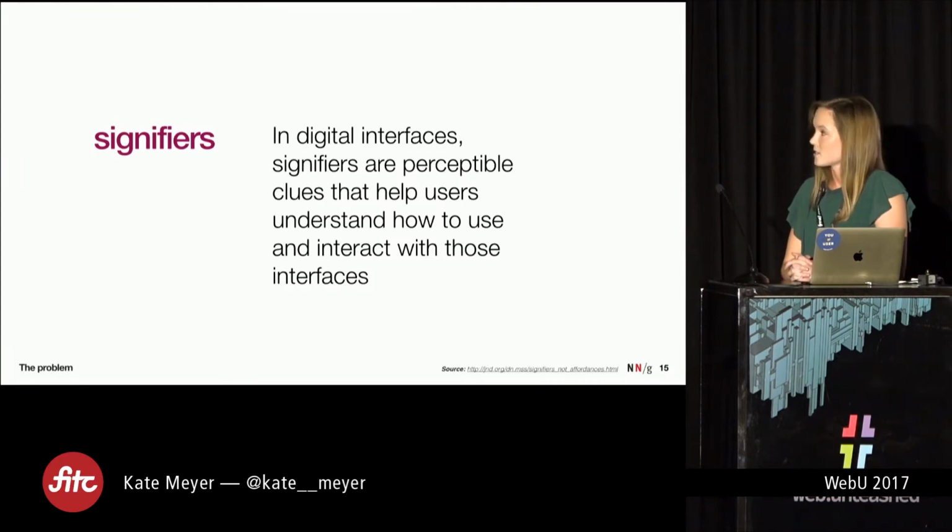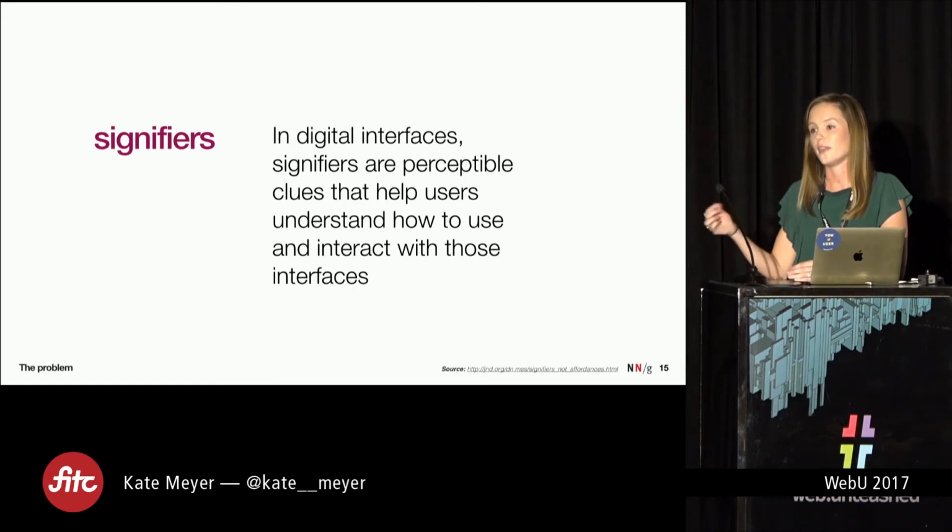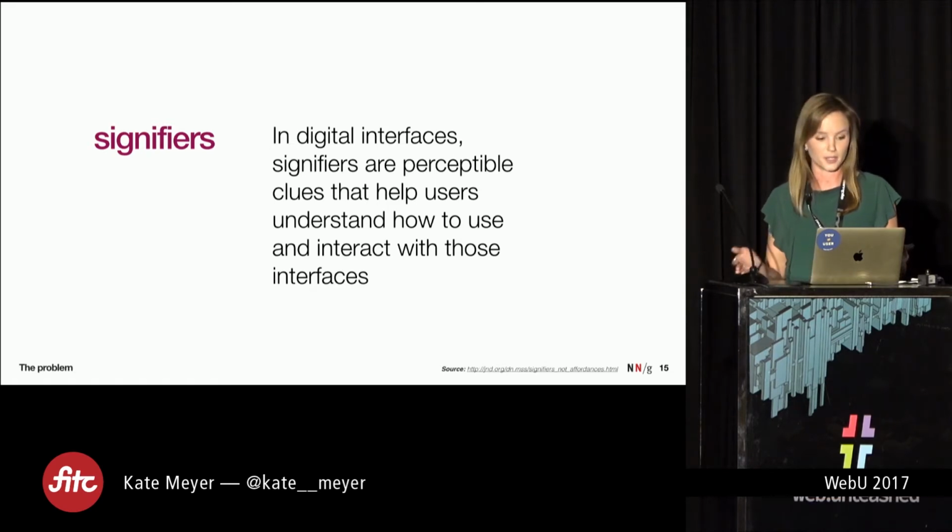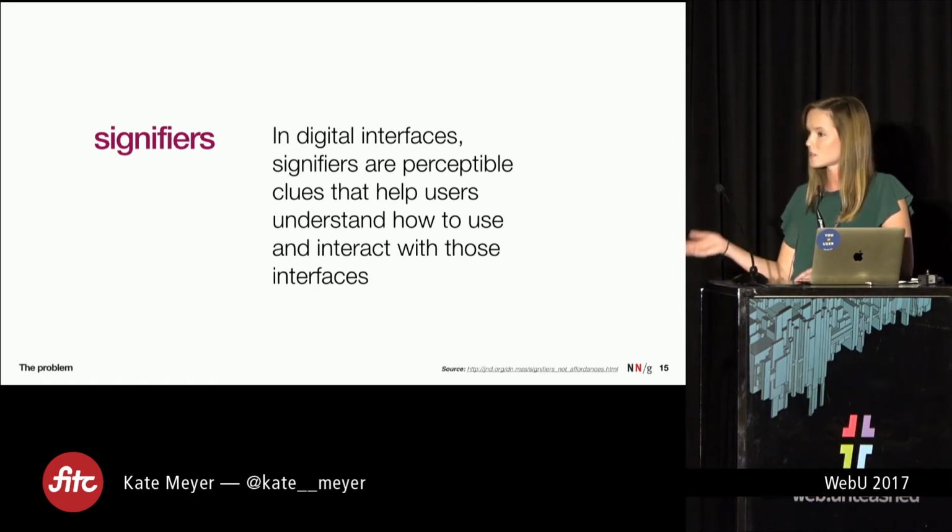So signifiers. In digital interfaces, signifiers are the things that tell people what they can do with your product. They're the visual, perceptible clues that let them know what actions are available in an interface. So there are links and buttons that can be tapped or clicked. There are menus that can be opened, things that can be dragged and dropped.